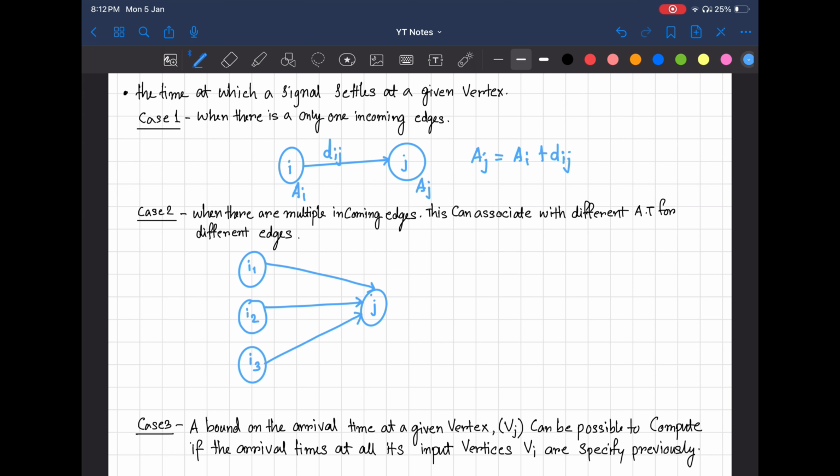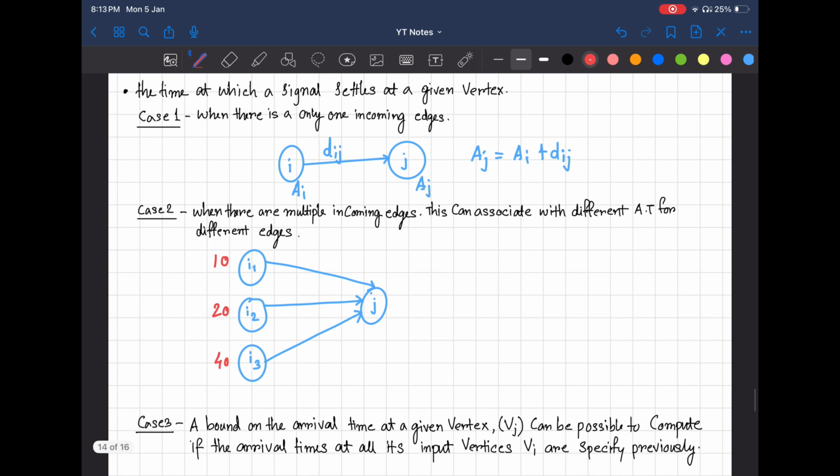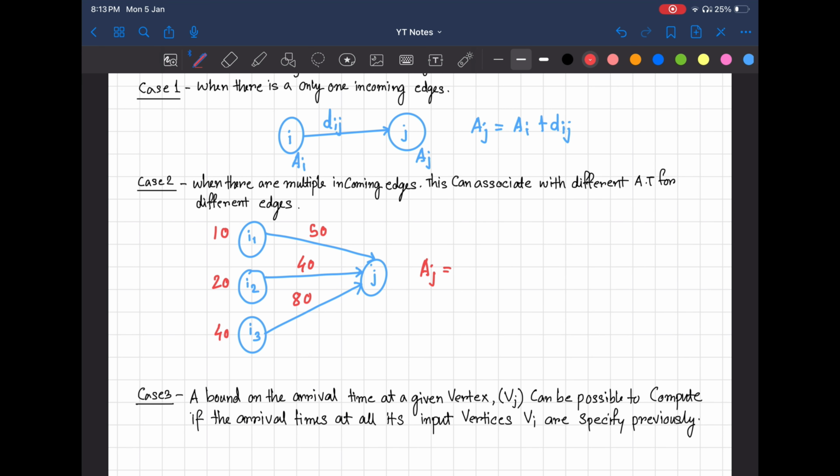Suppose the arrival time mentioned here is 10, here 20, and here 40. Every edge may have a different net delay, or maybe the same net delay, we don't know. For now assume this net delay is 50 picoseconds, this may be 40, this may be 80. What will you do? You have to choose the maximum or minimum.